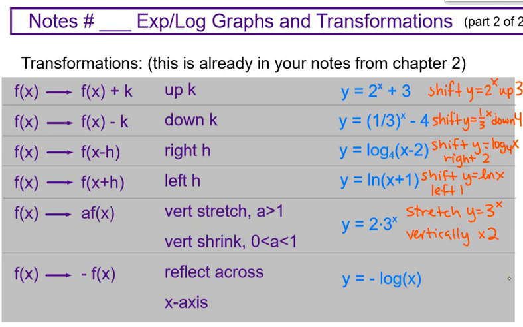And if you wanted to know what y equals negative log of x looks like, you would first think about what y equals log of x looks like and then reflect it across the x-axis. So I'm going to go ahead and do 4 of these examples.